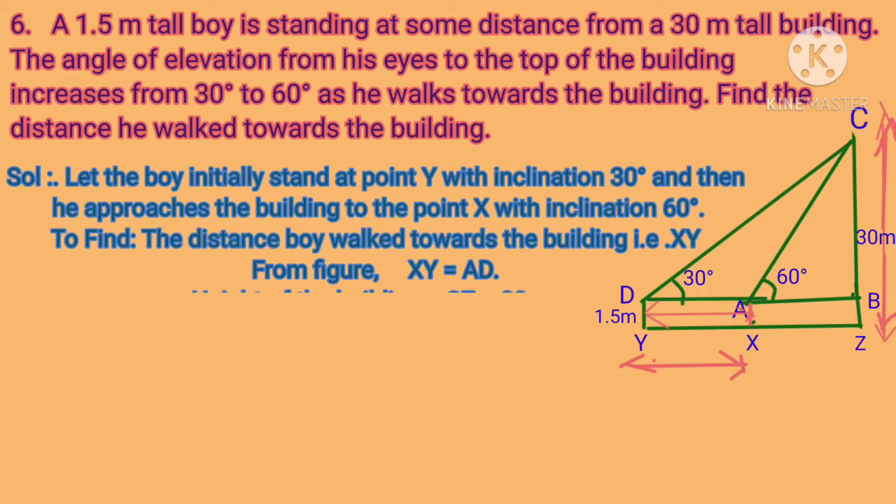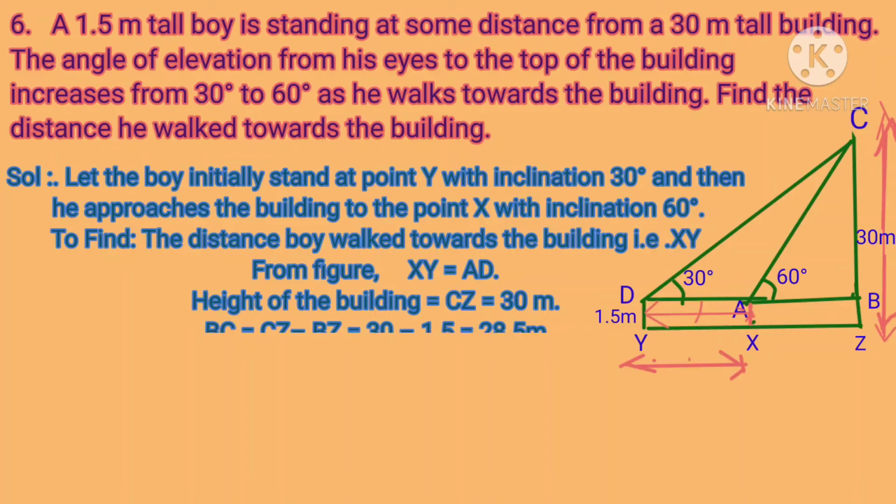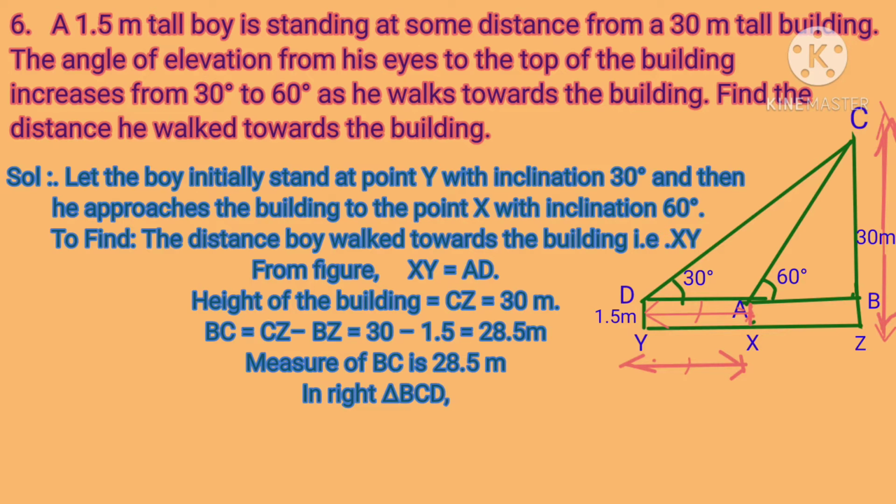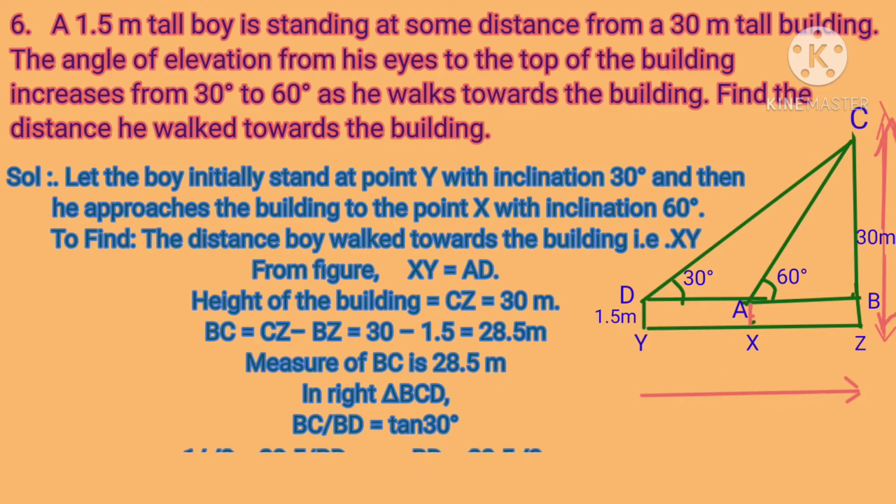From the figure, XY is equal to AD, so we will find AD, which will be equal to BD minus AB. The height of the building is 30 meters, so BC is equal to CZ minus BZ, so CZ is 30, this height, minus 1.5, this is BZ, which is equal to 28.5 meters.